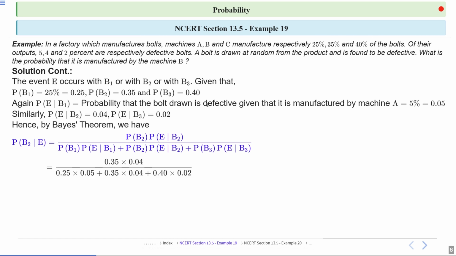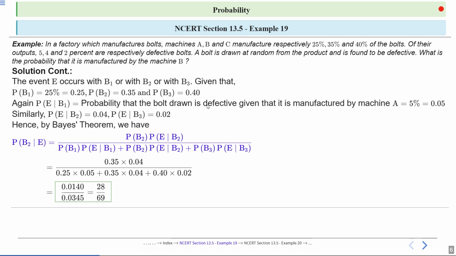Now let's substitute the given values into the formula and we get 0.35 times 0.04 divided by 0.25 times 0.05 plus 0.35 times 0.04 plus 0.40 times 0.02.